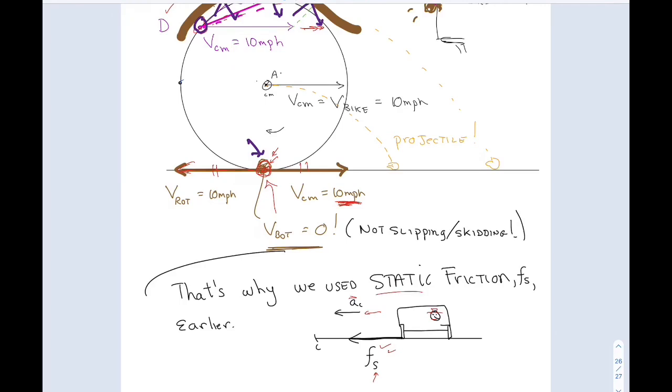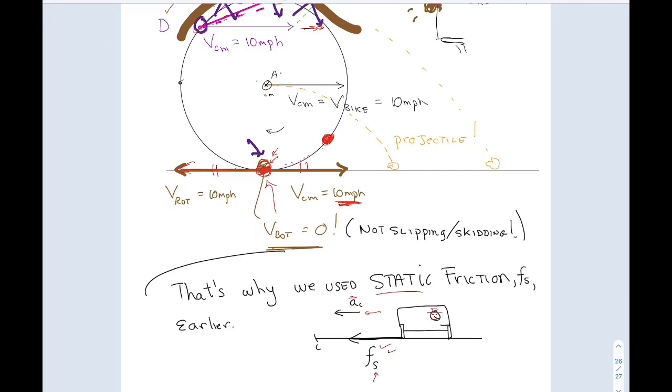But it's static friction because when any part of the tire touches the ground, there's no relative motion, there's no skidding. So when this part of the tire up there is about to hit the ground, it meets the ground, and then it's no longer touching.